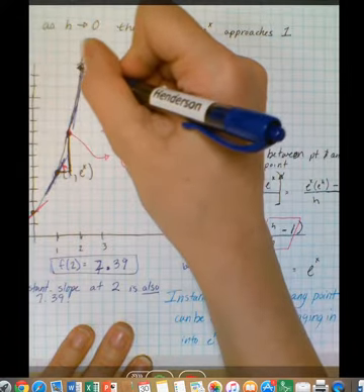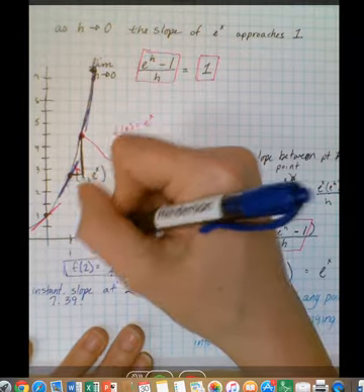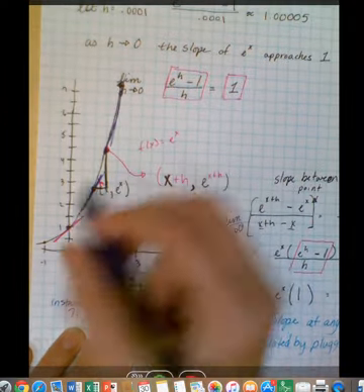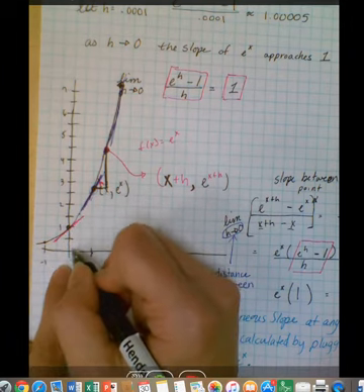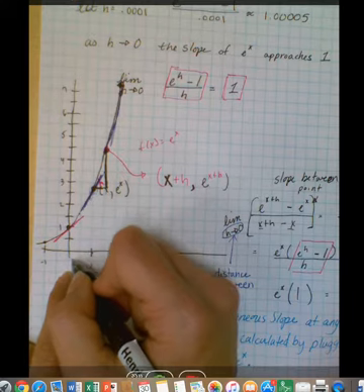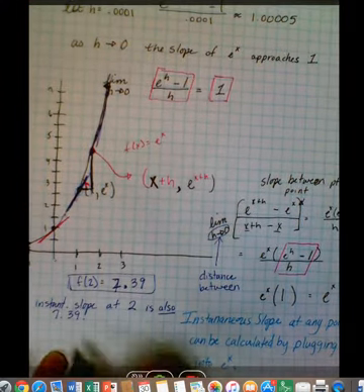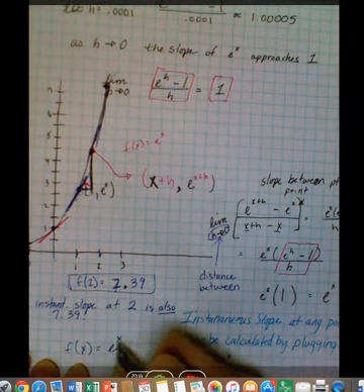So here it's e to the 2. Here it's e to the 1.5. Here it's e to the 1. Here it's e to the 1/2. Here it's e to the 0, right? What is the slope of e to the x at 0? It's 1. What's the output of e to the 0? 1. So that's one of the cool features of f of x equals e to the x.